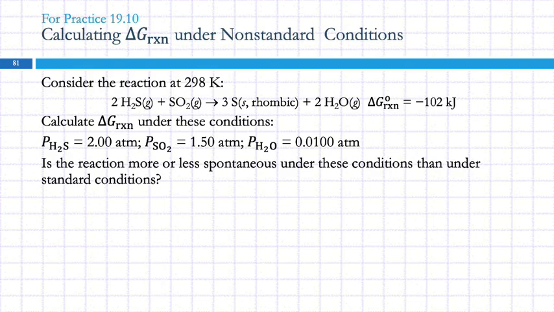So consider the reaction at 298 K. We've got H2S plus SO2 making rhombic sulfur and water. We got our delta G. It says calculate delta G under these conditions. Is the reaction more or less spontaneous than under standard conditions?